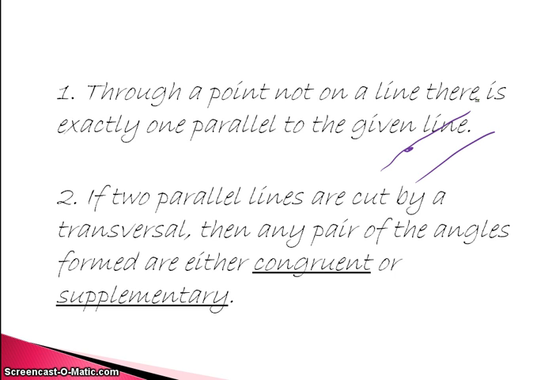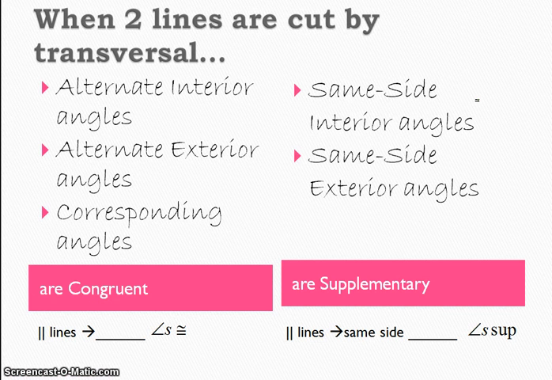Another idea in this section: if two parallel lines are cut by a transversal, then any pair of the angles formed are either congruent or supplementary, and we have talked about these. Those were the alternate interior angles, alternate exterior angles, and corresponding angles, which are all congruent, and same side interior and same side exterior, which are supplementary.